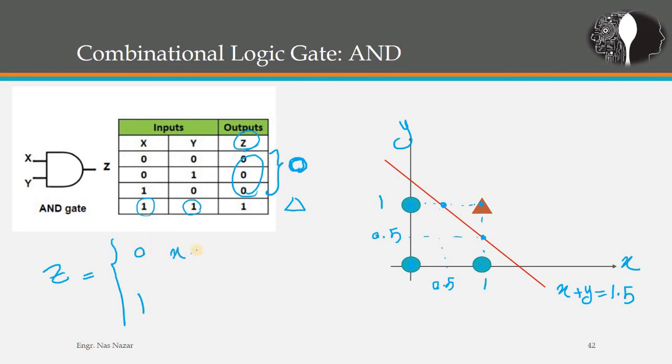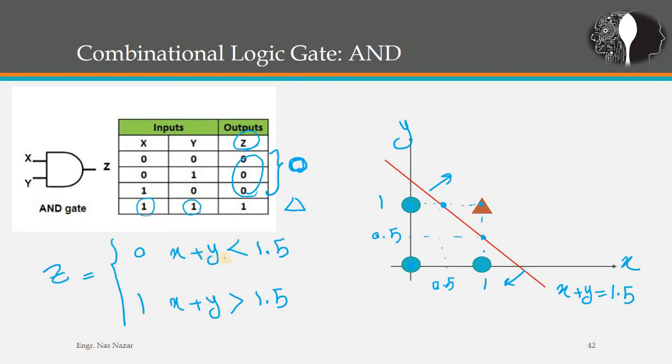When x plus y is less than 1.5, it's just covering this part, meaning the output is 0 and it's false. Whenever we have 1 for output, we have x plus y greater than 1.5. It shows all the outputs of 1, which in this case is only one triangle.